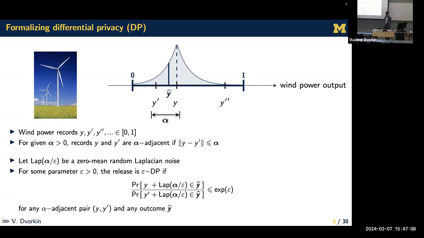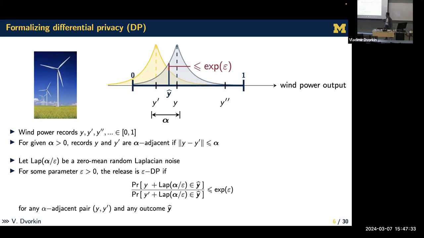The justification for using noise here is that if you do the same procedure for record Y prime, the probability of observing the same outcome Y hat from the distribution induced on the different record is similar. The similarity is measured by the so-called parameter epsilon, the privacy budget or privacy loss.